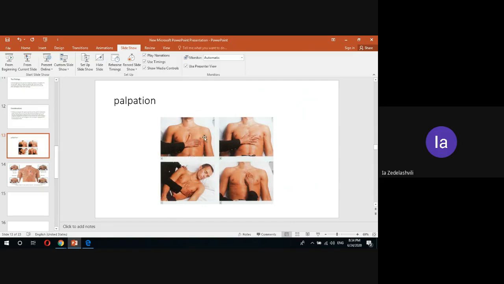So what does the doctor do? He palpates the thoracic portion, the precordium. By inspection you will check if some pulsation or pumping can be seen, but if this person has well-developed muscles, maybe you will miss it.